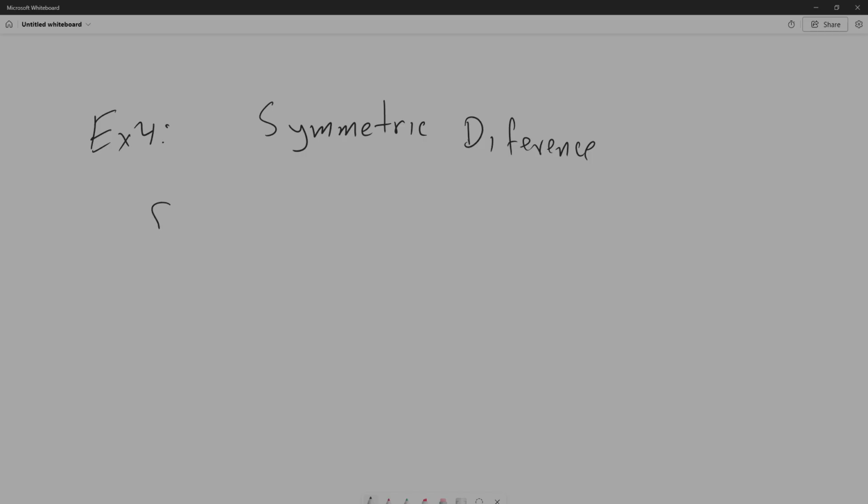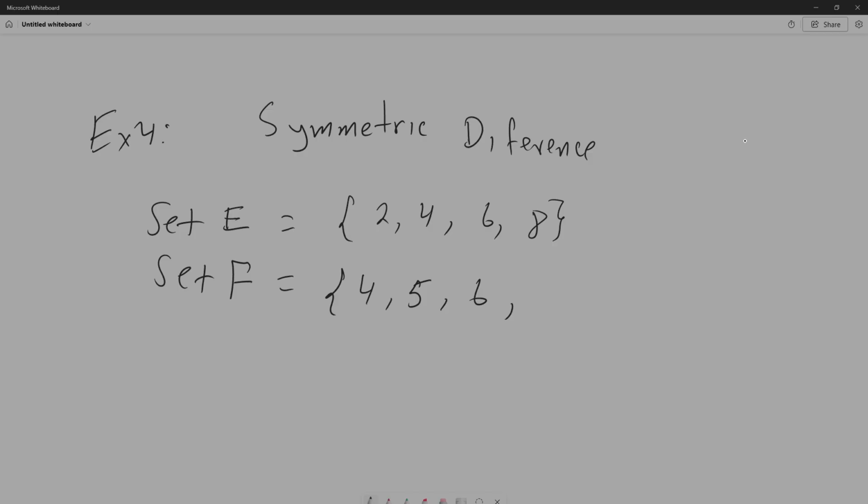So we're gonna have set E and set F this time. So let's say set E is equal to 2, 4, 6, and 8, and set F is equal to 4, 5, 6, 7, and 8.